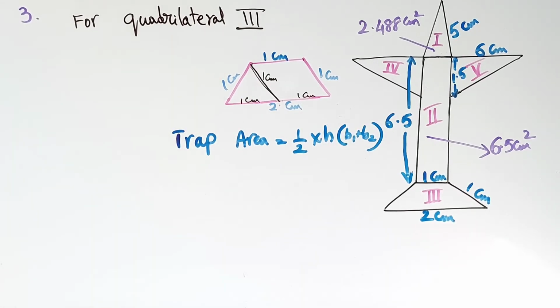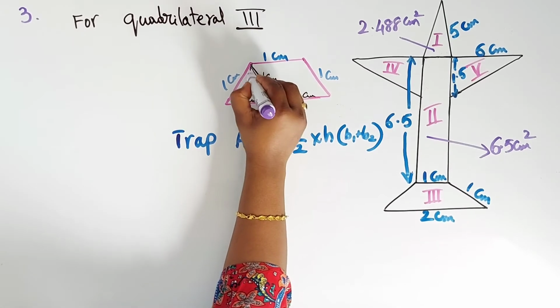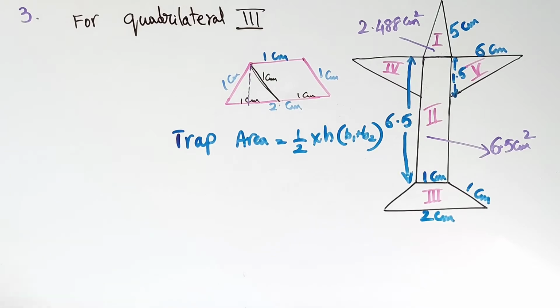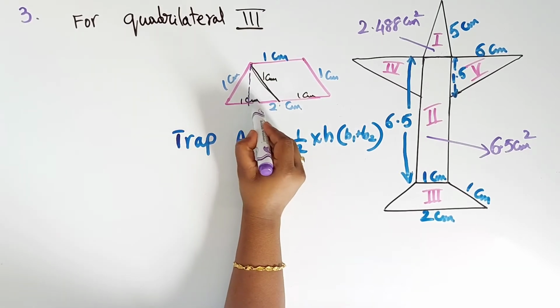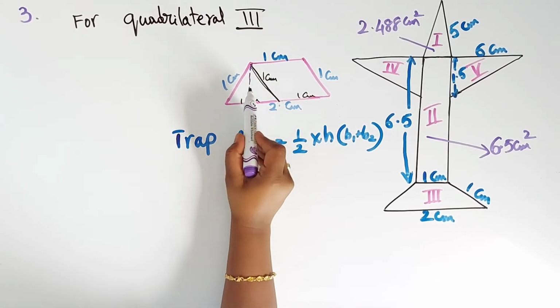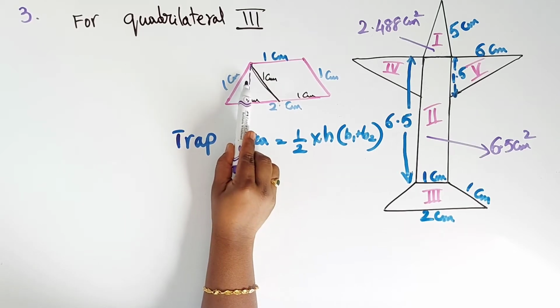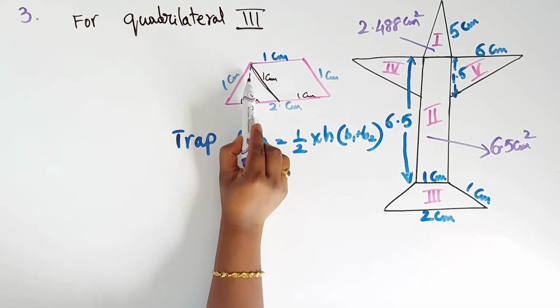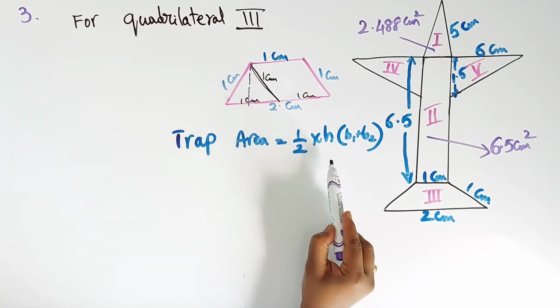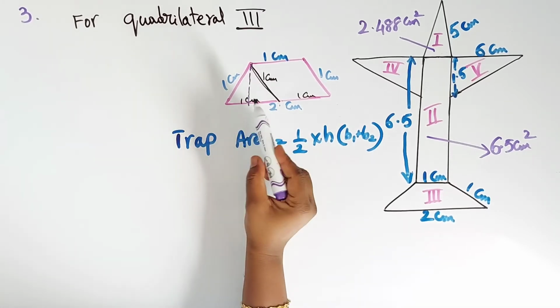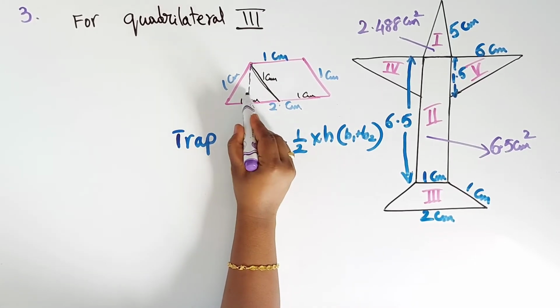So I can draw a perpendicular bisector like this. Right, children? So we can draw a perpendicular bisector. By using the Pythagoras property, we can find out this height, children. This height is the trapezium height, the perpendicular height. Right? Now we will find out this height, children.